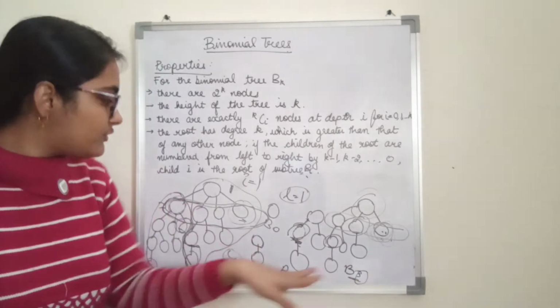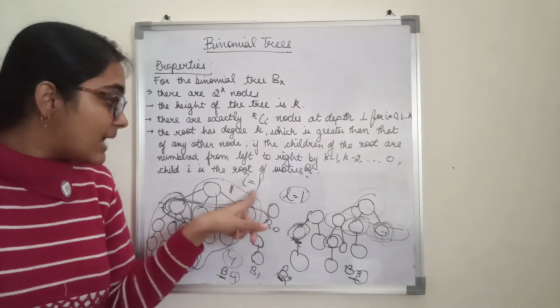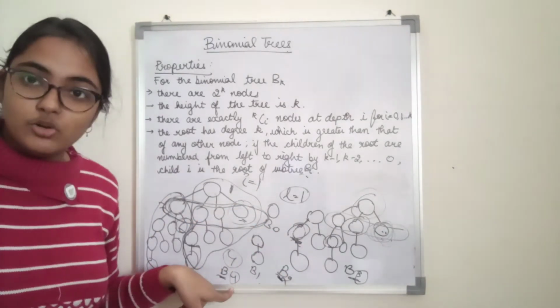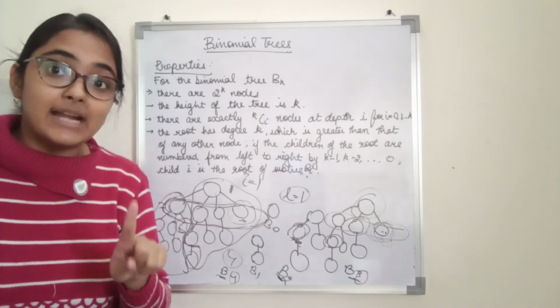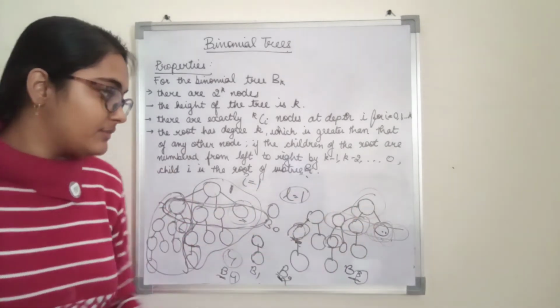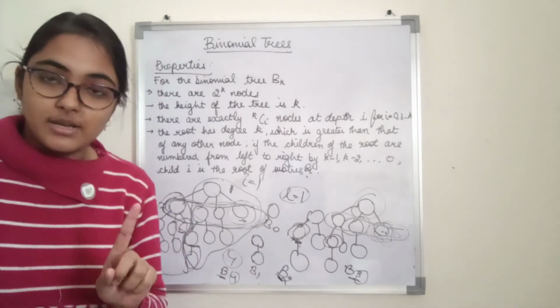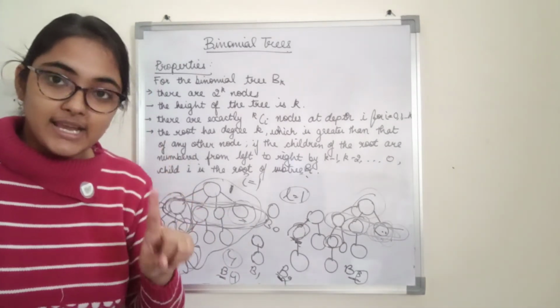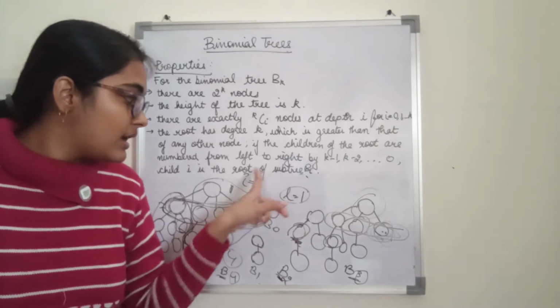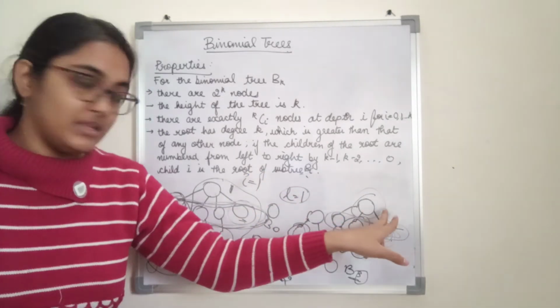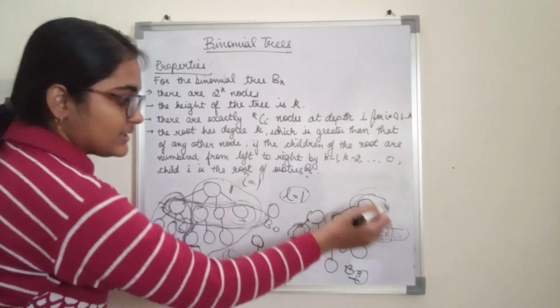So the number of nodes present at depth 1 in b4 is equal to the number of nodes present at depth 1 in b3, that is these 3, plus the number of nodes present at depth 0 in b3, right? So what is the node present at depth 0? This one.